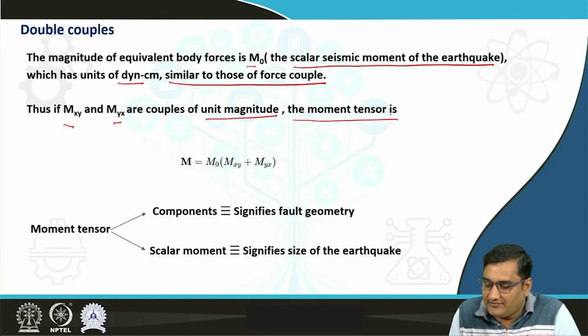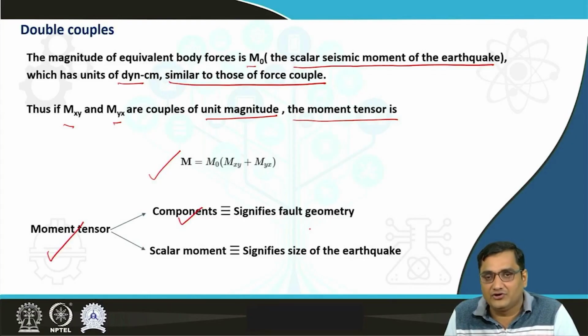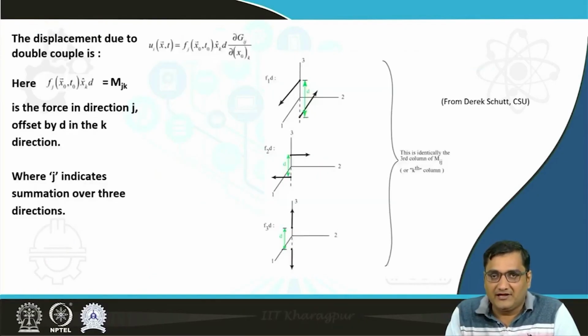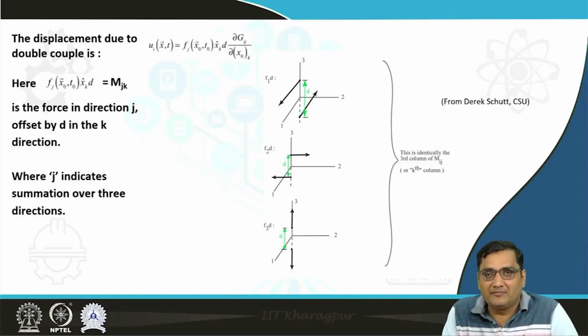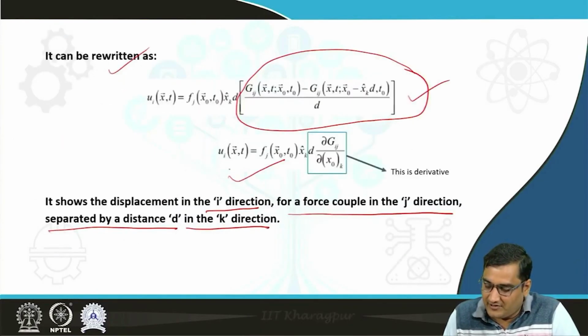The moment tensor can be represented by this. The moment tensor has components that signify the fault geometry, and it also has the scalar component that signifies the size of the earthquake. The displacement due to the double couple can be written in this form, as we have seen from our previous expression.